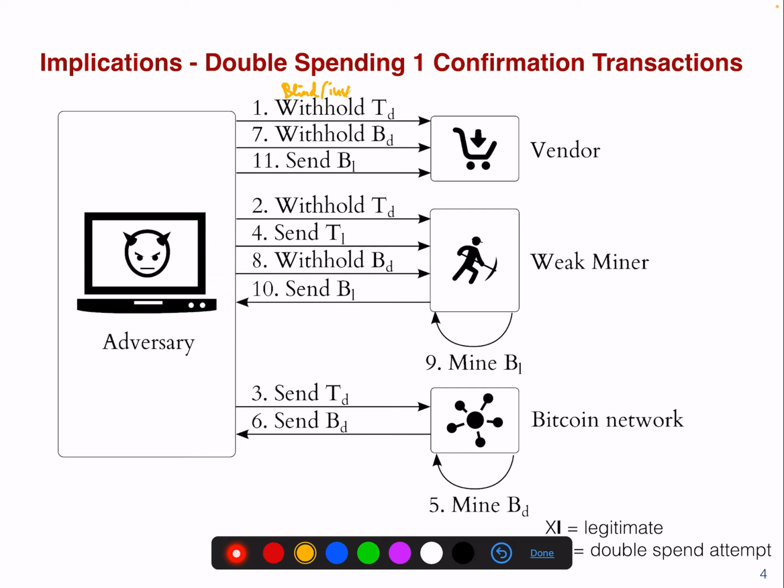Now as the second step, we also blind the miner of this double spend transaction. We don't want the miner to mine a block with this double spend transaction because we want to mine the legitimate transaction.